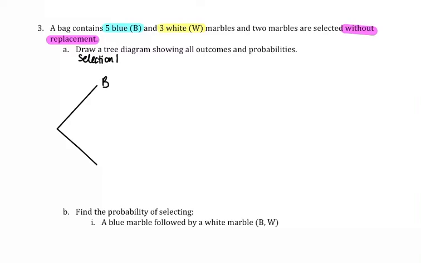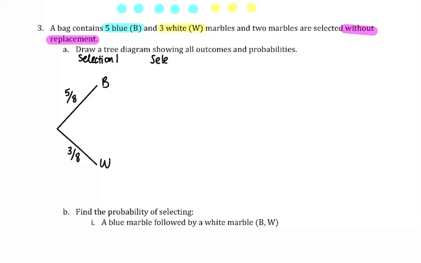Now, if we represent our blue marbles and our white marbles by these dots, we have 5 blue and 3 white, where we have a total of 8 marbles. So if we were to select blue, we could select 5 out of 8 and they would be blue. If we selected a marble and it was white, we could select 3 out of 8 for it to be white.